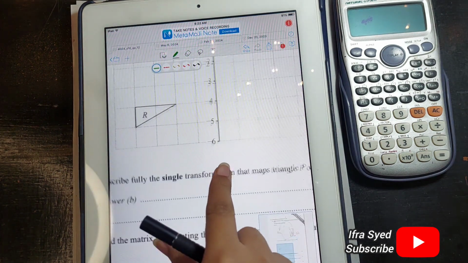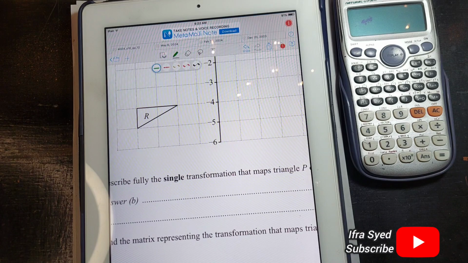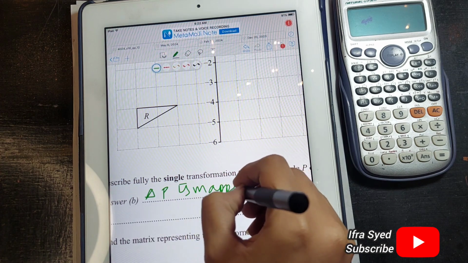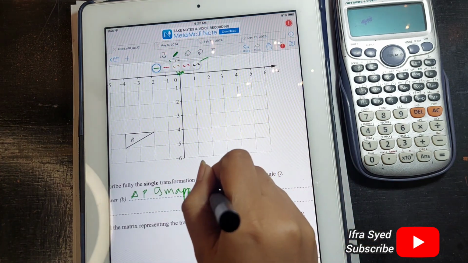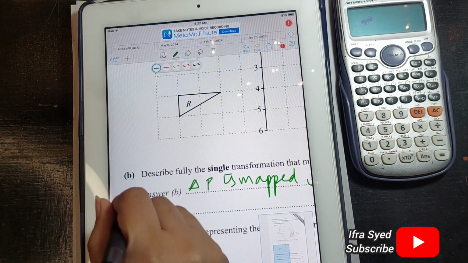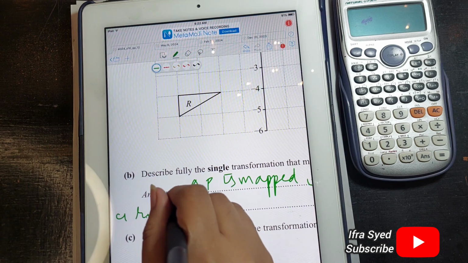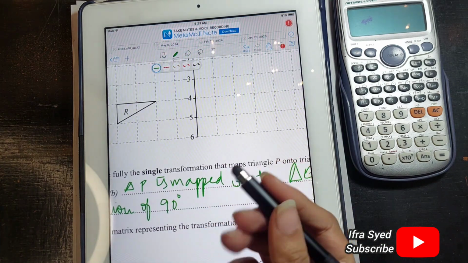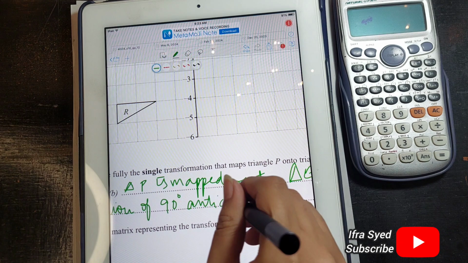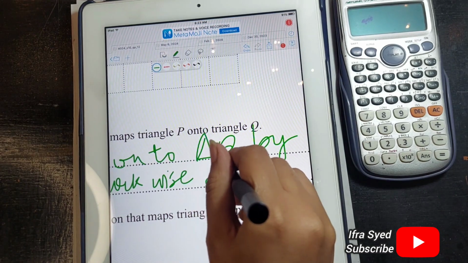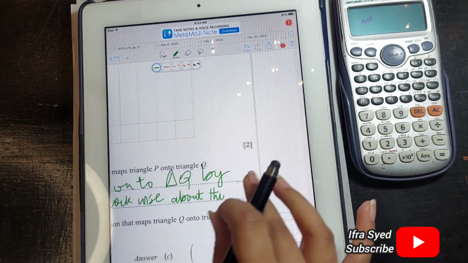So we will write simply here in the description that triangle P is mapped onto triangle Q by a rotation of 90-degree anti-clockwise about the origin.